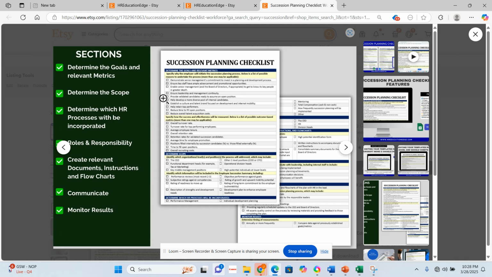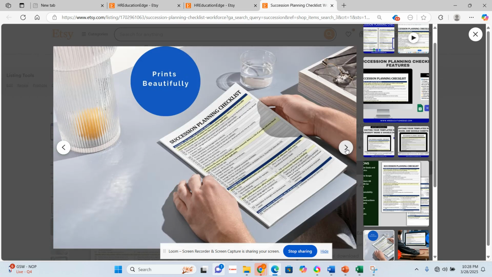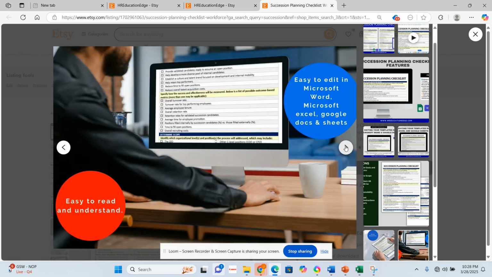The roles and responsibilities. You're going to create relevant documents, instructions, and flowcharts, sections on communication and monitoring results. Prints beautifully, easy breezy, and easy to edit in all the different formats.